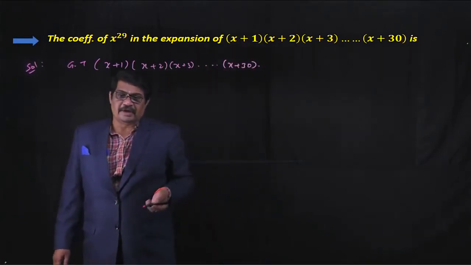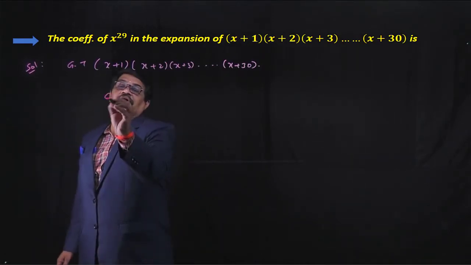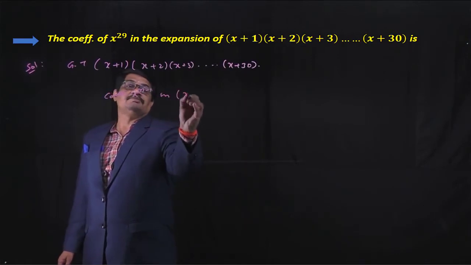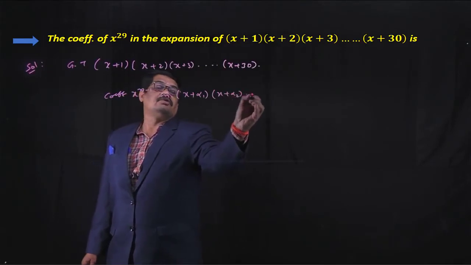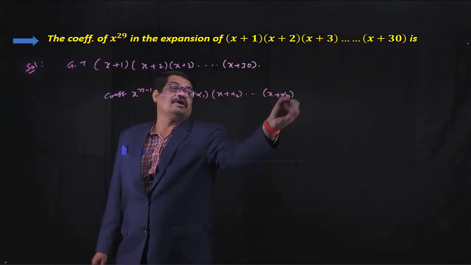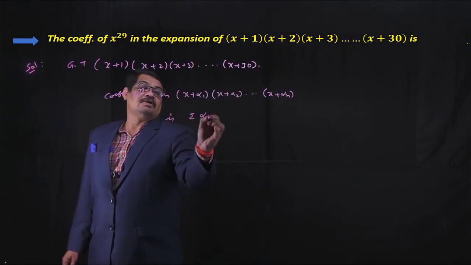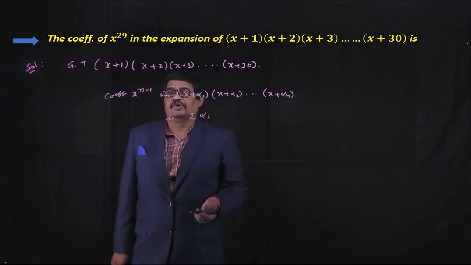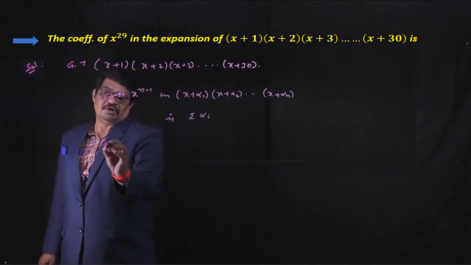In that expansion, we have to find the coefficient of x to the power of n minus 1 in the expansion of (x plus alpha 1)(x plus alpha 2) and so on, (x plus alpha n). The formula is sigma alpha i. So we have to find the coefficient of x to the power of 29.